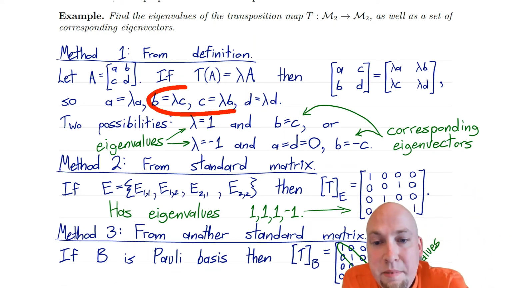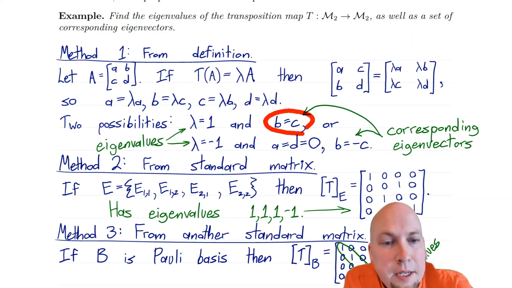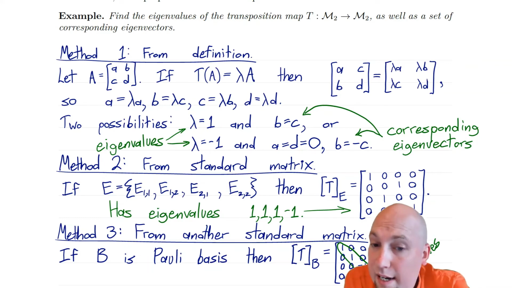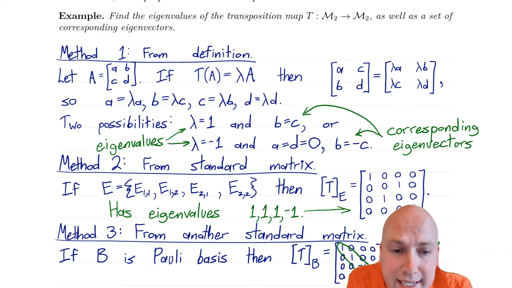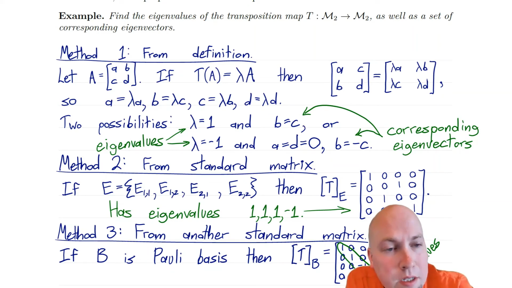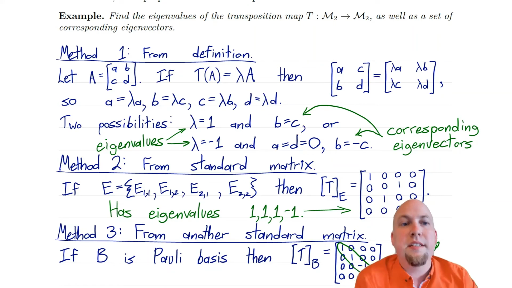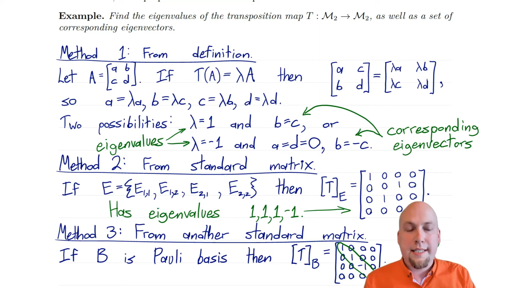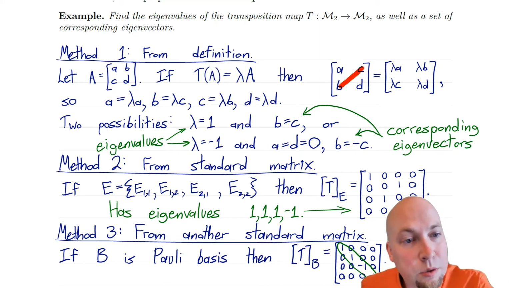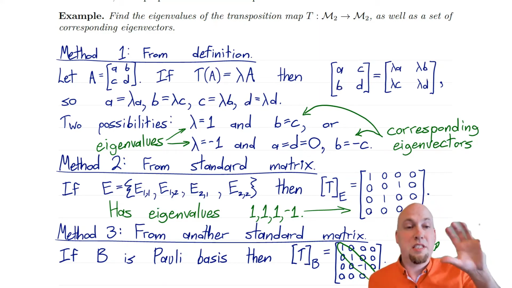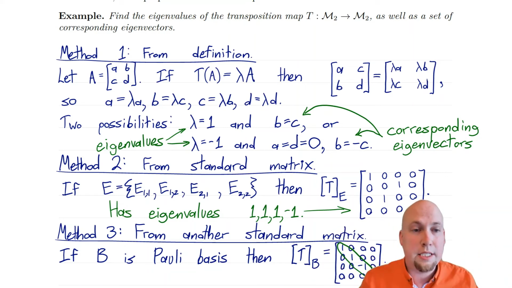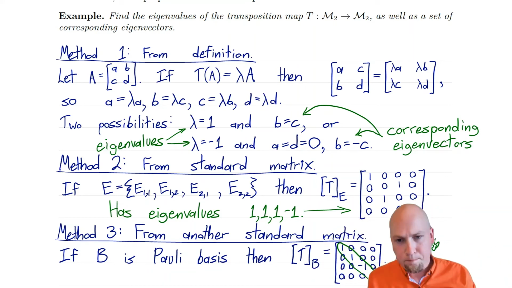And the middle 2 equations just need B equals C. So what does that tell me? It tells me that lambda equals 1 is an eigenvalue. And what are the corresponding eigenvectors? They're just the matrices that have B equals C, in other words, the symmetric matrices. The eigenvectors corresponding to lambda equals 1 are the matrices that have these 2 off-diagonal entries equal to each other. Those are called symmetric because they equal their own transpose. All right, what about the other case?